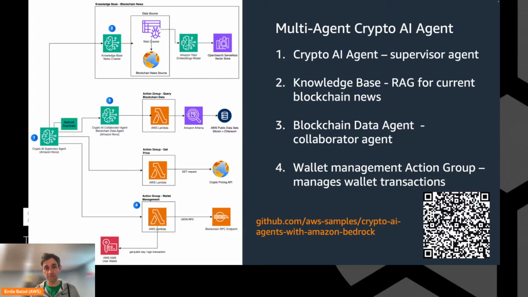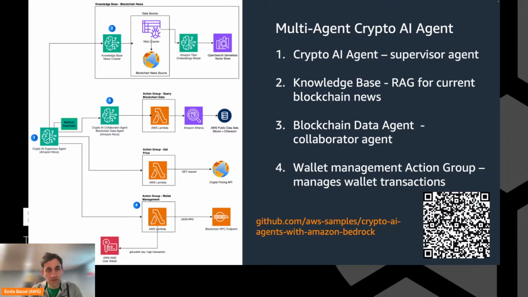This is all available on GitHub, and there's a one-click deploy that takes 10 to 15 minutes with no user input really required. So you can get this application running within 10, 15 minutes inside your AWS account itself. And if you want to do that, just follow that QR code or that link down there.